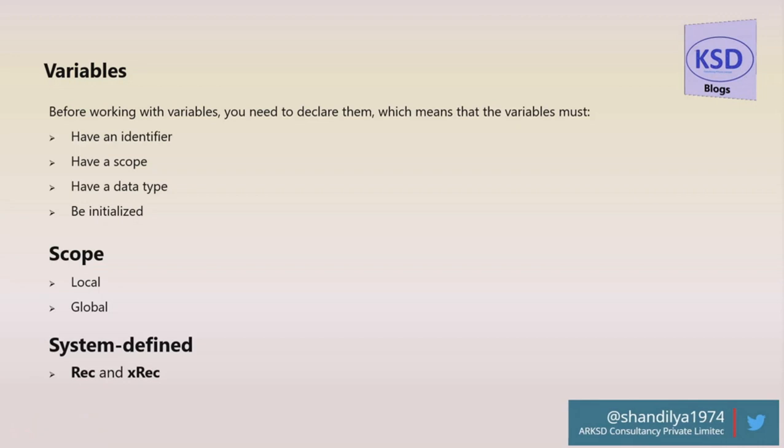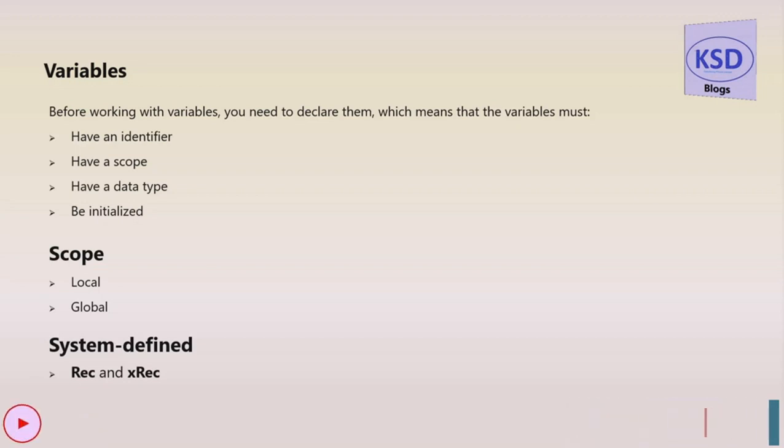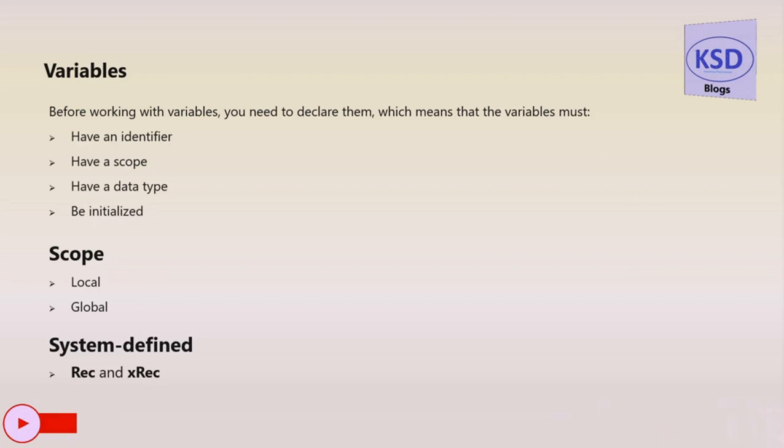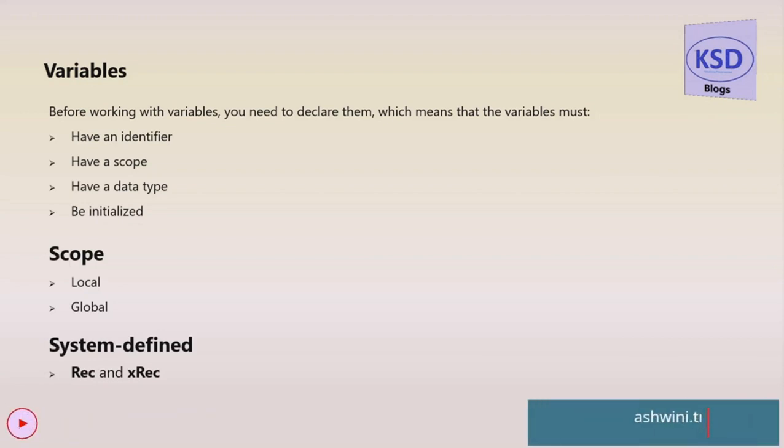So scope, as we have already discussed, can be local or global. Your variable can be defined with a global or a local scope. If you define your variable with a global scope, it will be available everywhere in the object.